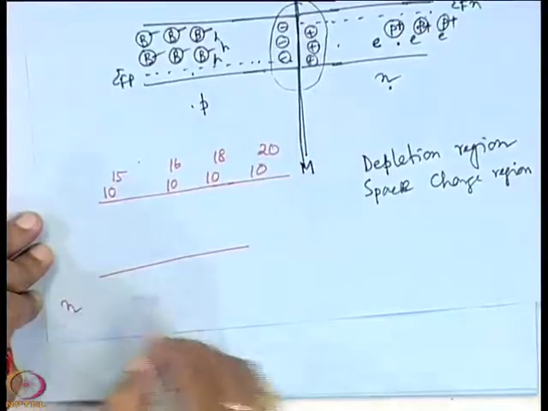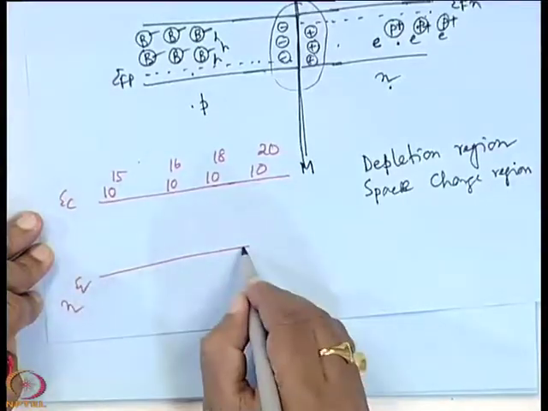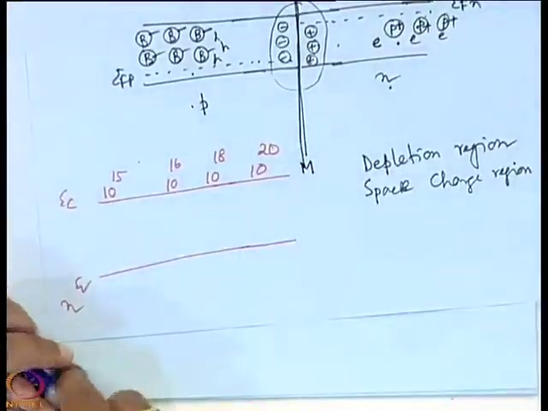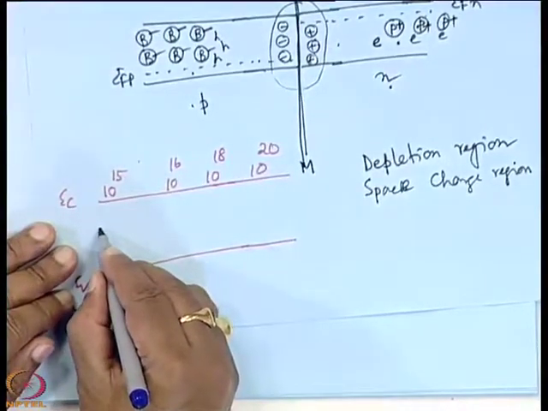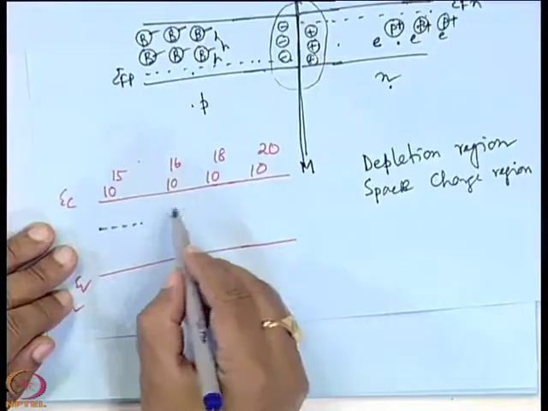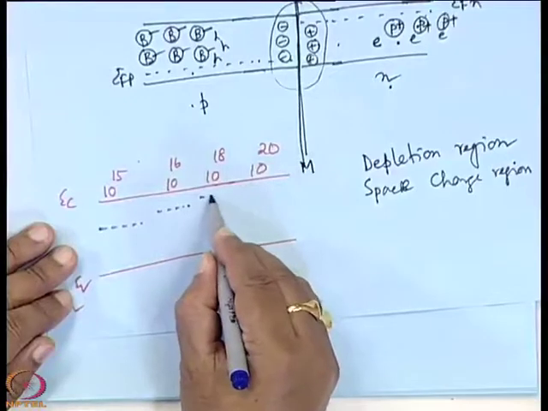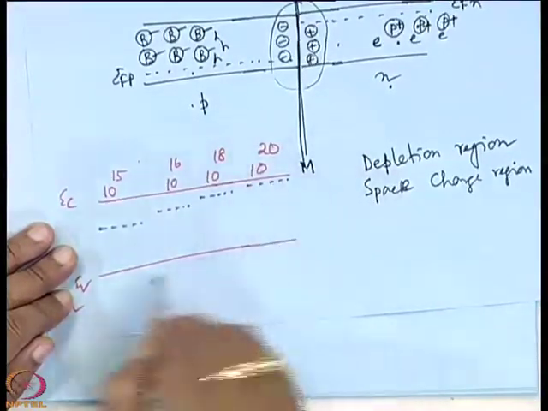Say it is an n type material; this is the conduction band edge, this is the valence band edge. So, what should be the Fermi level? For 10 to the power 15, say it is here; for 10 to the power 16, here; for 10 to the power 18, more close; for 10 to the power 20, sufficiently close.